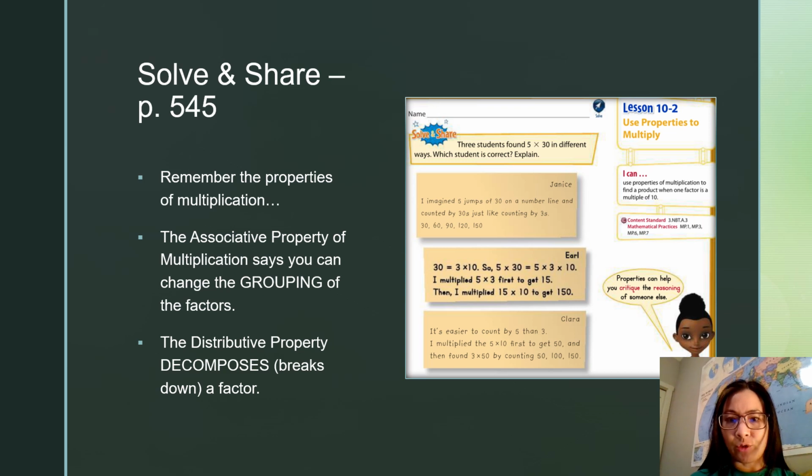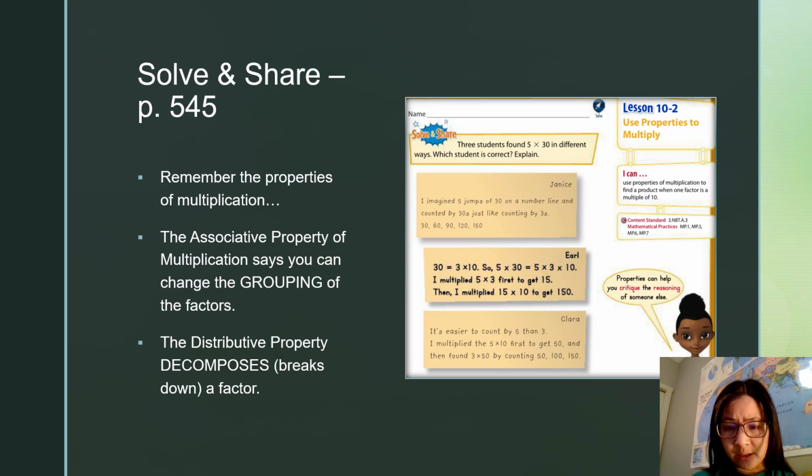A student named Earl wrote 30 equals 3 times 10. Yeah, I agree. So 5 times 30 equals 5 times 3 times 10. Okay, that makes sense, right?